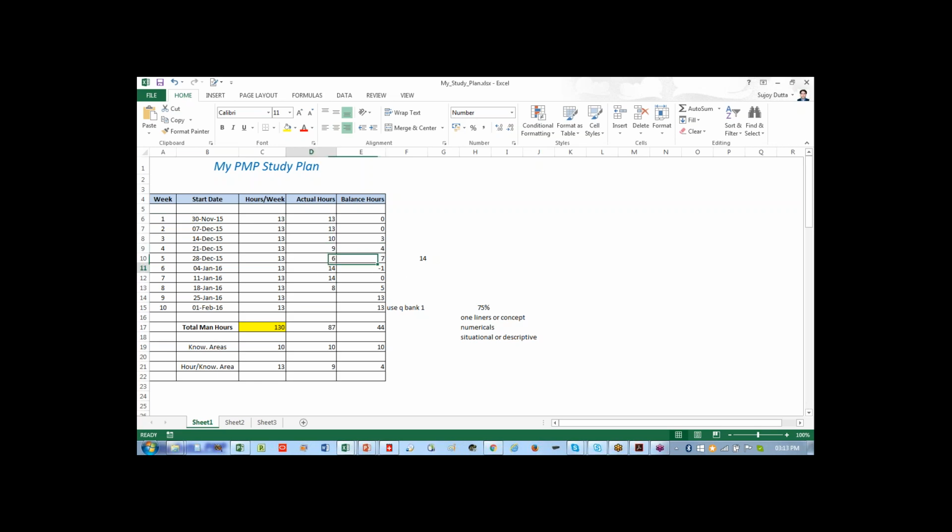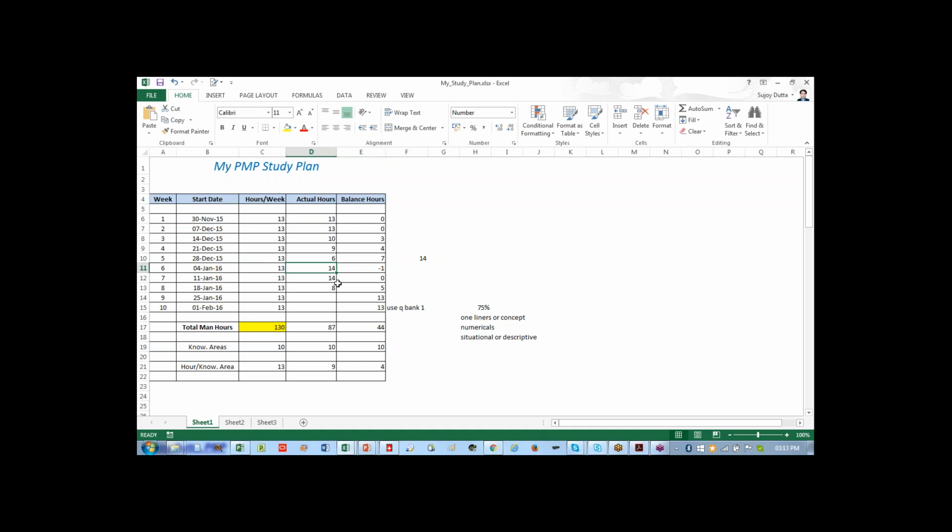Once you have fallen short by say 7 or 8 person hours, you can take a day off and put in some time, which might actually be more than the normal. Like 12 hours, you can stretch it up to say 14 hours of study, it's fine, or you just say 12.